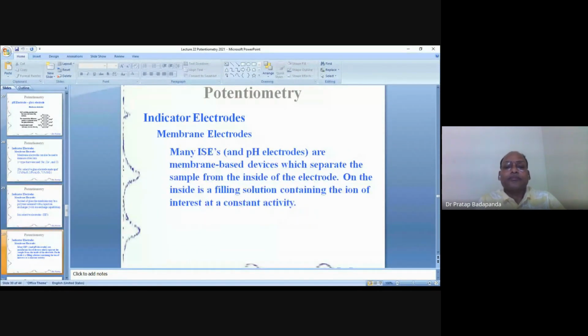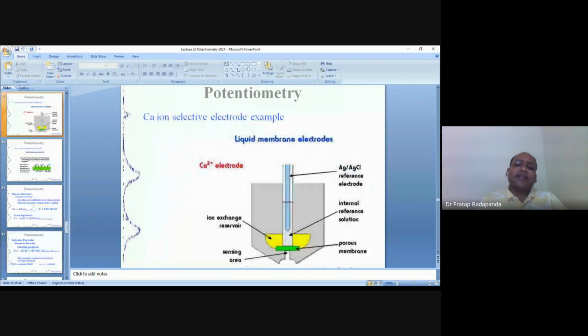Many ion selective electrodes are membrane based devices which separate the sample from the inside of the electrode, which is filled with a solution containing the ion of interest at constant activity. This is the calcium ion selective electrode example, for Ca2+ ions.